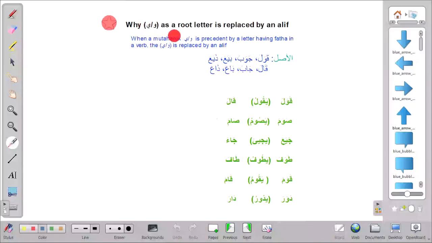When you have a mutaharrik Waw or Ya, that is, a Waw or Ya that is mutaharrik. When we say mutaharrik, it means it does not have sukun; it has a fatha, kesra or dhamma. It has a vowel, apart from sukun. I hope that is clear.